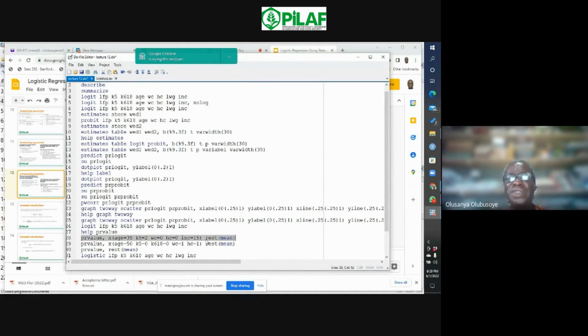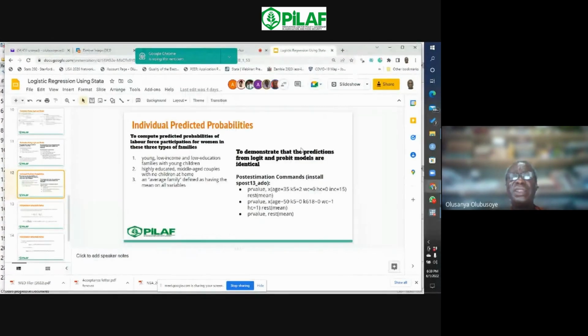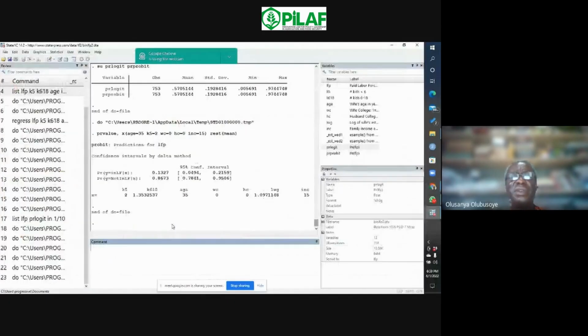So we can use the rest option, rest main, to say evaluate those other variables at their mean level. So we can run this.